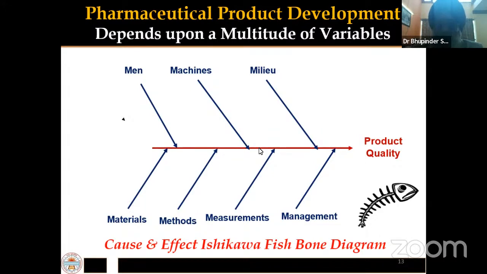The diagram shown here has various possible M's: men, the people who operate or carry out research towards product quality; materials, raw materials, finished products, excipients, etc.; machines, the manufacturing and analyzing equipment; measurement devices and measurement policies; and the milieu, the environment of the pharma company; and the management policies. All of these tend to lead toward product quality variabilities.